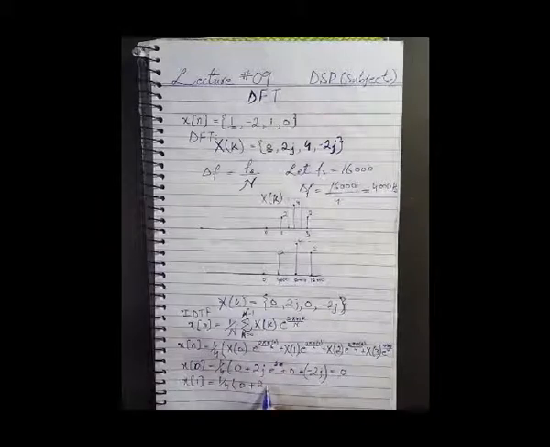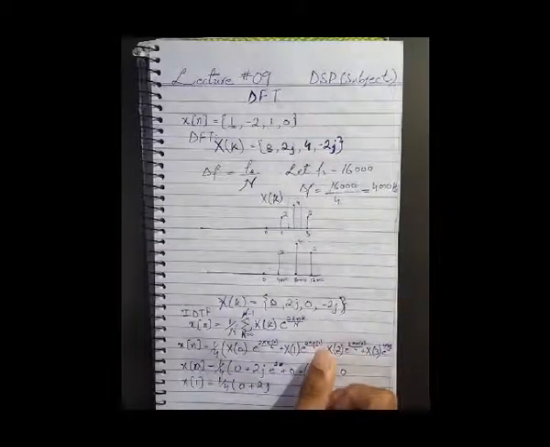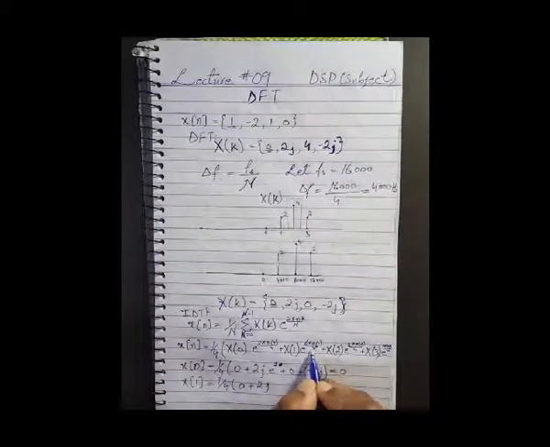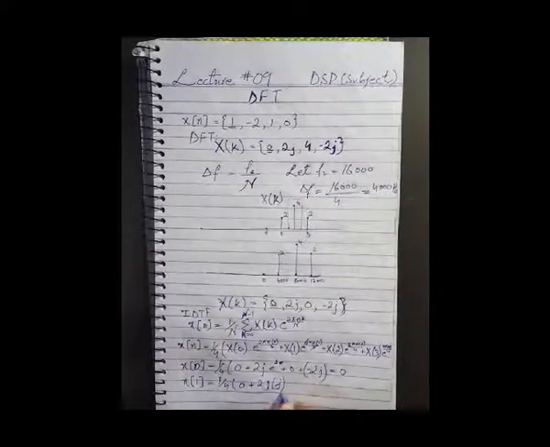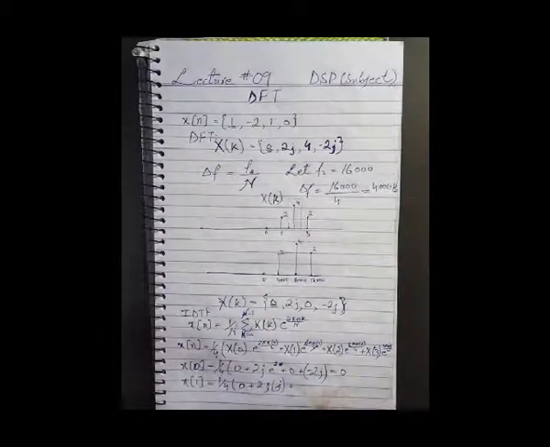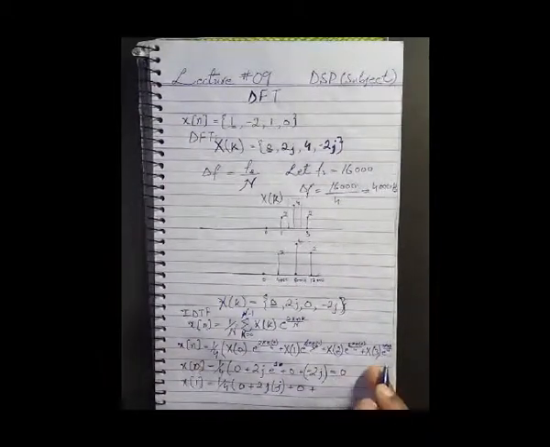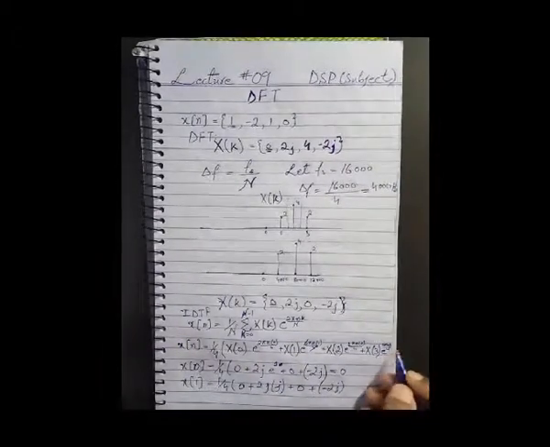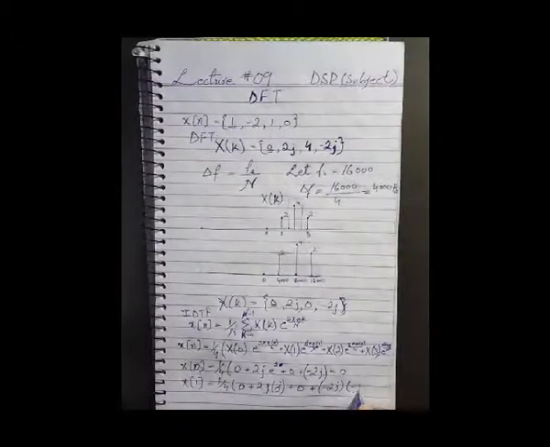Plus x of 1, we have 2j, and n is equal to 1, so we get 2 pi by 4, and by cancelling these we get pi by 2, and e to the pi by 2 we know that it is j, so j into j, plus 0 because x of 2 is 0, and now again we have x of 3, minus 2j, and here we have 3 pi by 2, which gives minus j.